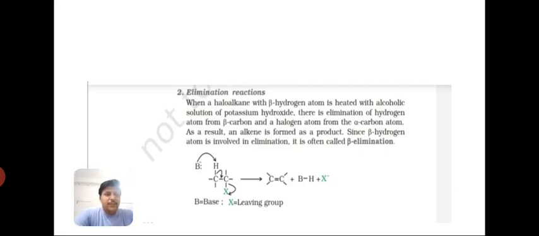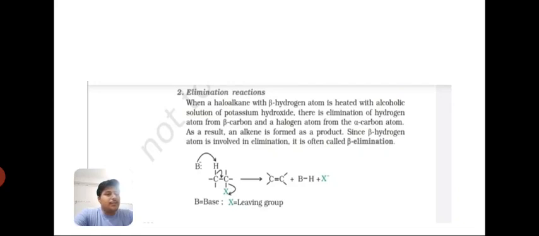Here, in this elimination reaction, it is a type of beta elimination. Why is it beta elimination? You can see the halogen on the alpha carbon is eliminated, as well as the hydrogen on the beta carbon. Now how do we give the position according to alpha, beta? The carbon to which the functional group is directly connected is called the alpha carbon.